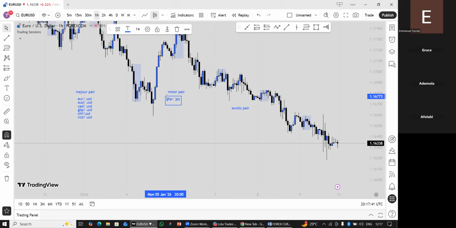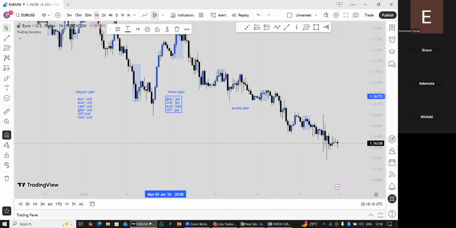You have USD JPY, that's the US dollar crossing with the Japanese yen. You would have another pair, AUD CAD. Most American traders trade this pair a lot. You have the Swiss franc crossing with the Japanese yen, JPY.